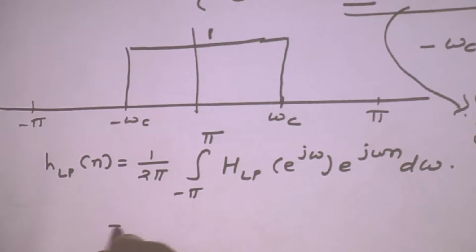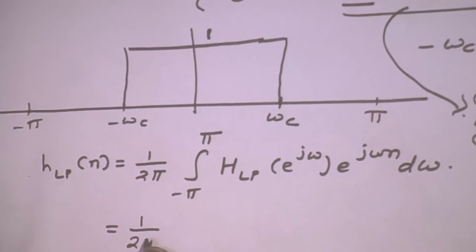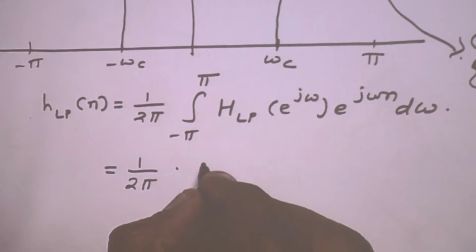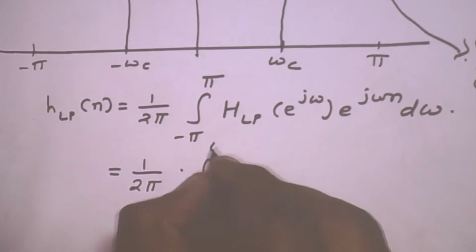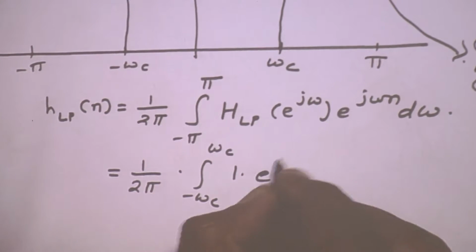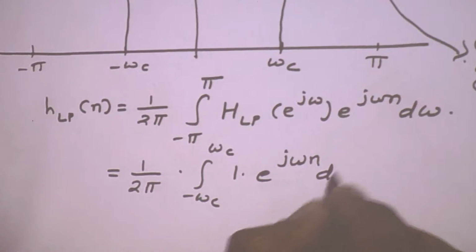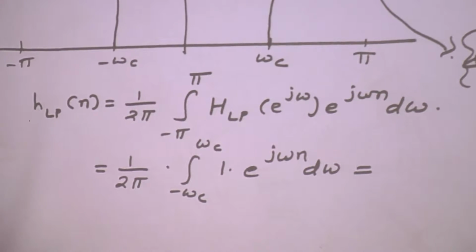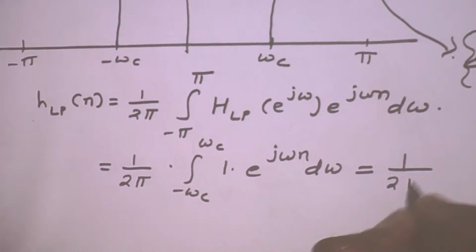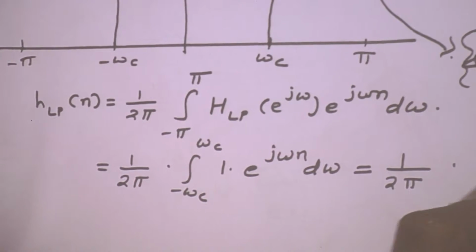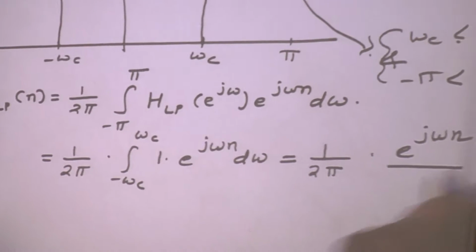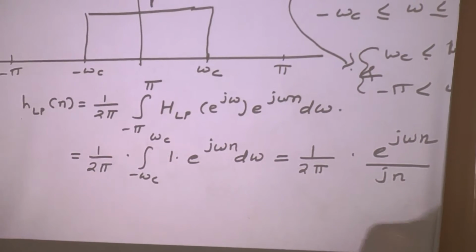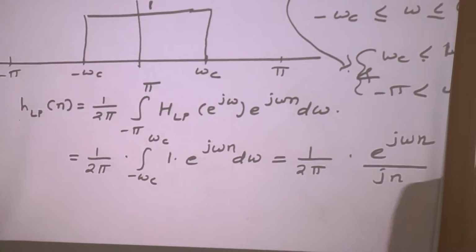Now here this becomes 1 by 2 pi. What is this? This becomes minus omega c to plus omega c, constant 1, e to the power j omega n d omega, which is equal to 1 upon 2 pi, e to the power j omega n divided by j n, from limits minus omega c to plus omega c.